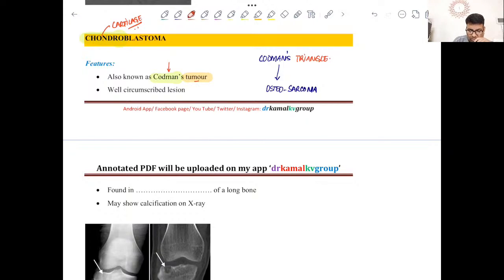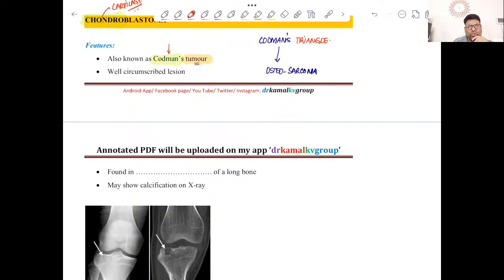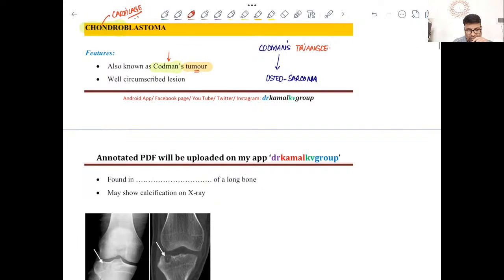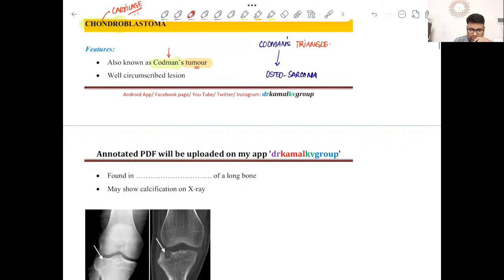So this is not Codman's triangle, this is Codman's tumor, which is another name for chondroblastoma. So just to highlight this difference, I have kept this entity. Otherwise it is not that important, and I don't know if any question has been asked on this particular entity till date.